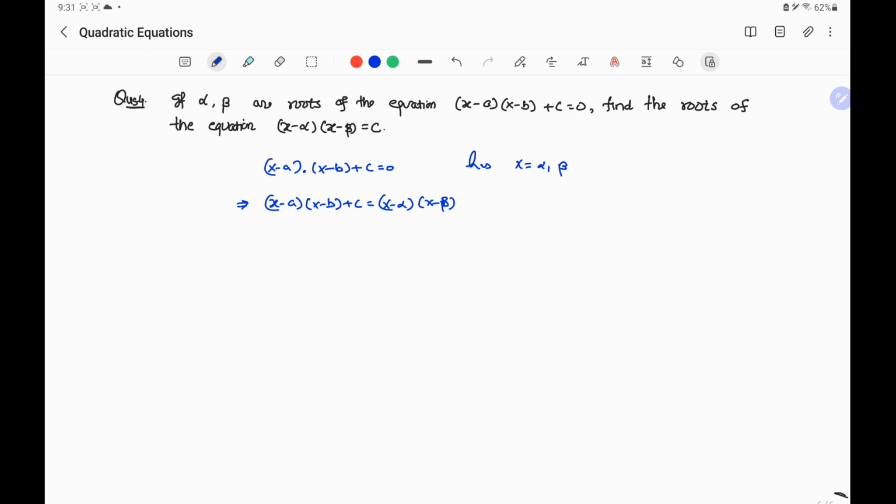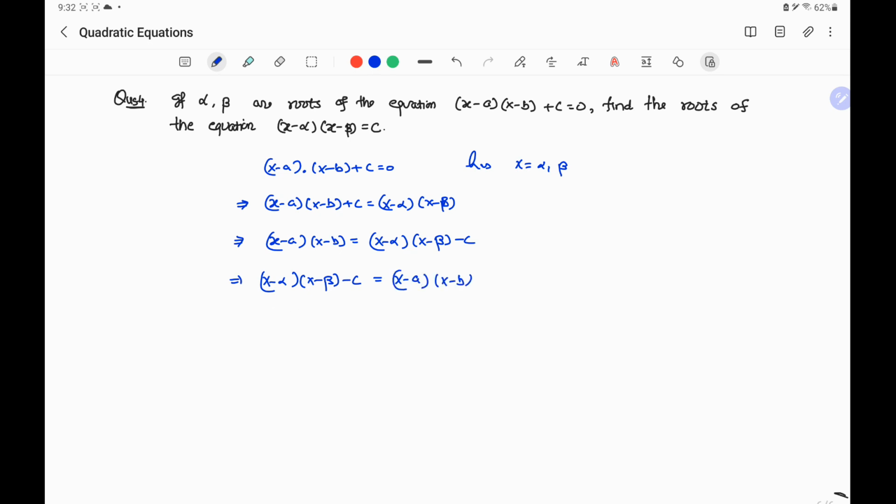Because alpha and beta are roots, substituting the value of x equal to alpha or beta, the left hand side will become 0. We can arrange this expression as x minus a into x minus b equal to x minus alpha into x minus beta minus c, or x minus alpha into x minus beta minus c will be equal to x minus a into x minus b.